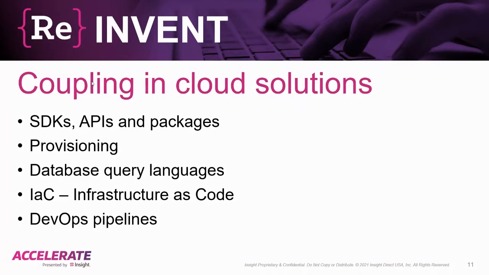So you have your definition of your infrastructure and the scale related to that, communication between that infrastructure, configuration. When we talk about infrastructure as code, often that's going to be coupled into a specific cloud implementation. And then your DevOps pipelines. As you can imagine, you've got code that is going to be distributed to a specific resource.